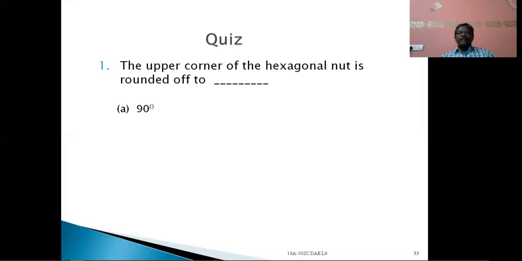Either it is 90 degrees angle or 60 degrees angle or 30 degrees angle, or maybe 40 degrees. As we have discussed so far, that is the upper corner of the hexagonal nut, that is simply we can say chamfer angle. So 30 degrees will be the right answer, right?